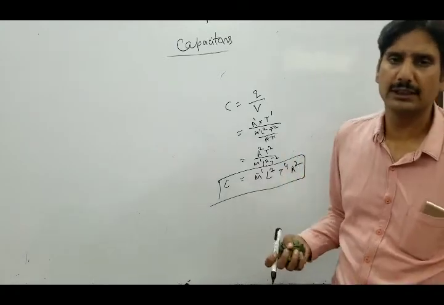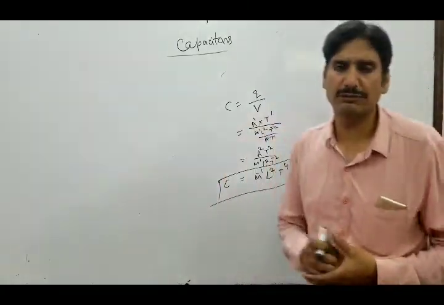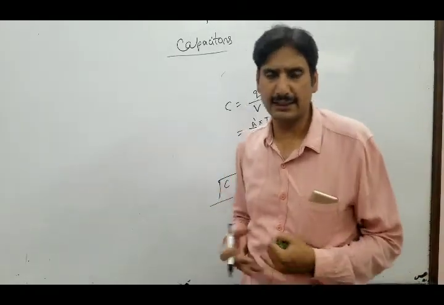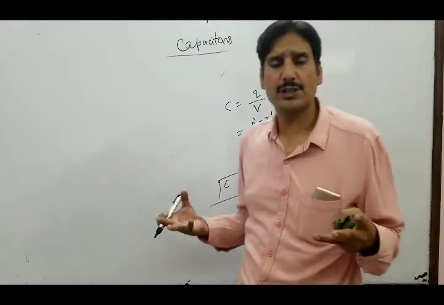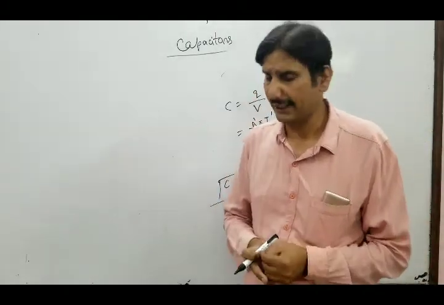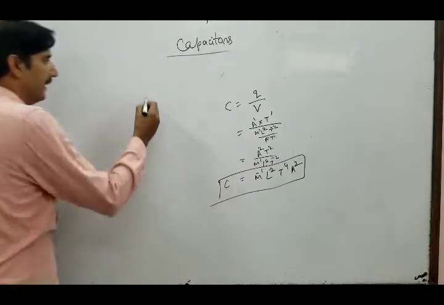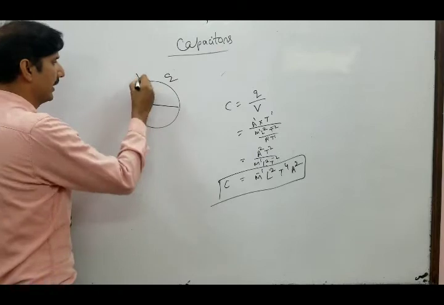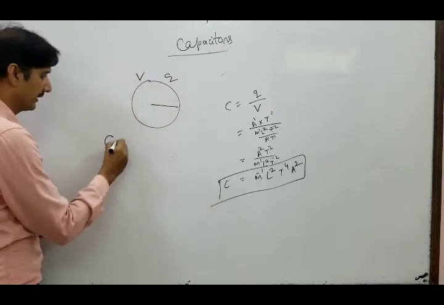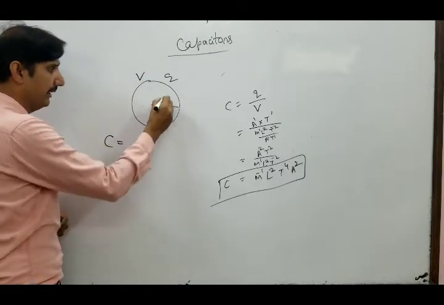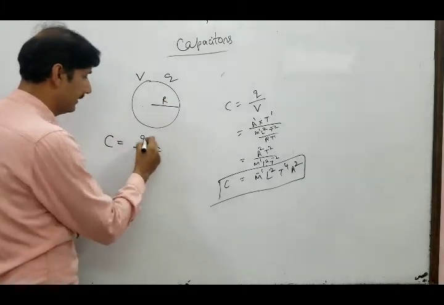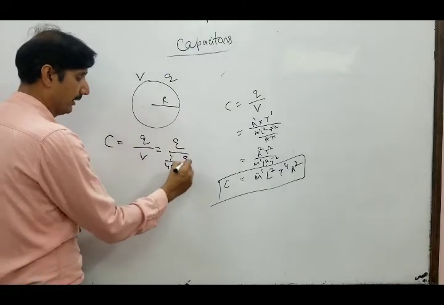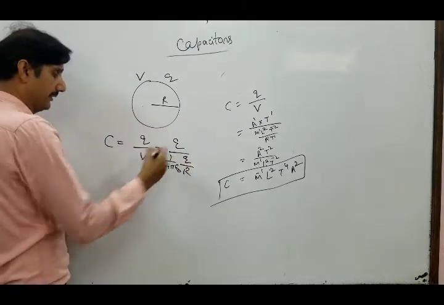Let's find out the value of capacitance of a spherical conductor. That will give us an idea about how much charge a given device can handle. Let's say I've got a sphere and I gave it charge Q and its potential rises to voltage V. Its capacitance would be Q by V. Let's say its radius is R. Q divided by V is 1 by 4 pi epsilon naught Q by R. You can see Q and Q get cancelled.